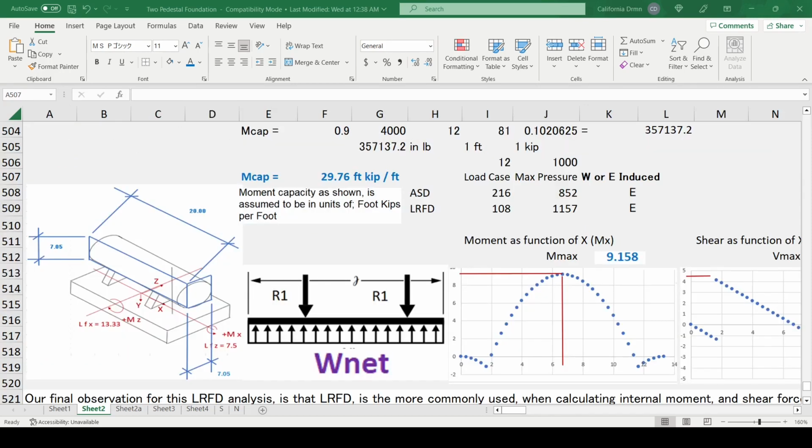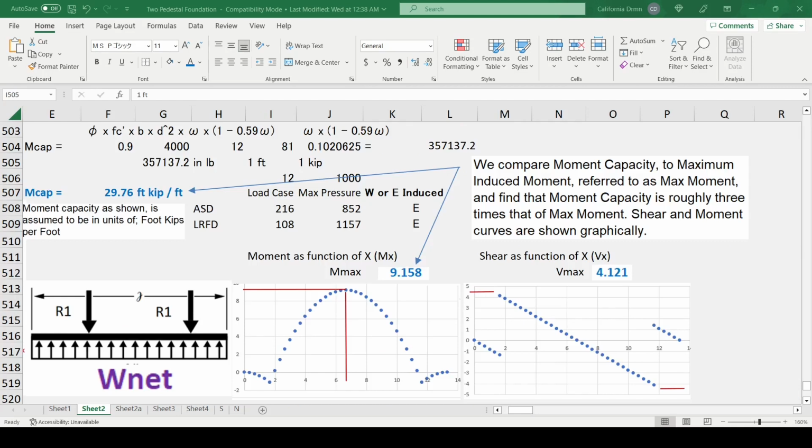Moment capacity as shown is assumed to be in units of foot kips per foot. We compare moment capacity to maximum induced moment, referred to as max moment, and find that moment capacity is roughly 3 times that of max moment. Shear and moment curves are shown graphically.